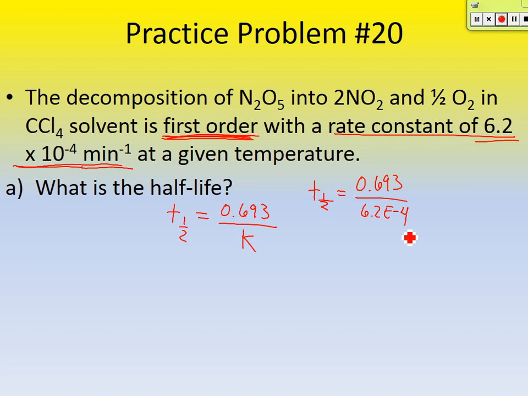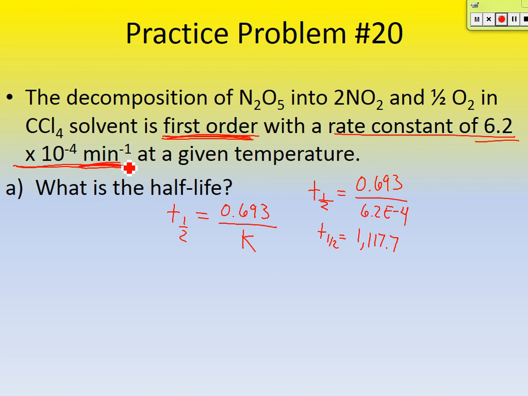And I'm getting that the half-life is equal to 1,117.7. But half-life is a time. We need to have units. What is the units for time here? Minutes. Good. It is minutes. And how do we know that?